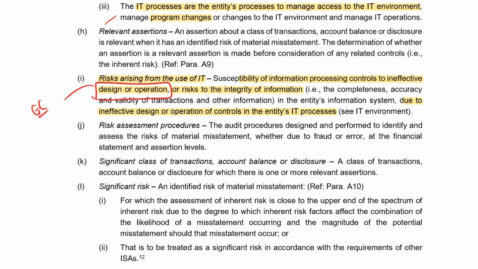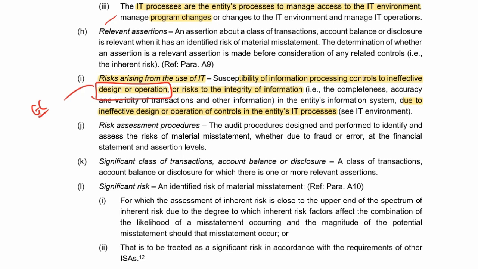Just that the system was set up incorrectly, and so all the transactions, all the master file information that goes in will not be done correctly. It will not be processed correctly because it wasn't programmed correctly.